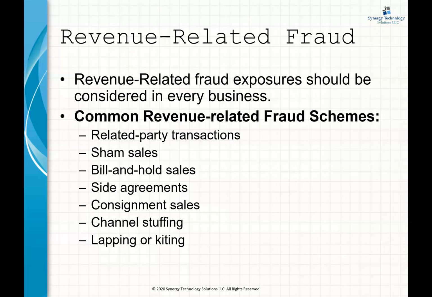Bill and hold. So you bill. Sometimes the customer will tell you to hold the goods on their behalf. But in that case, you have to have the right documents to show that the actual liability related to those assets has already been transferred to the customer. So even if you're holding, if something happens to it, you still get your money.